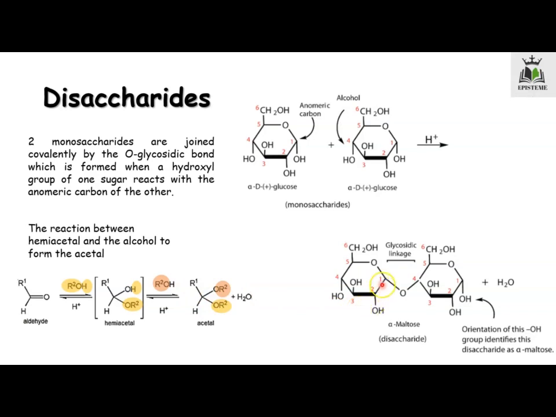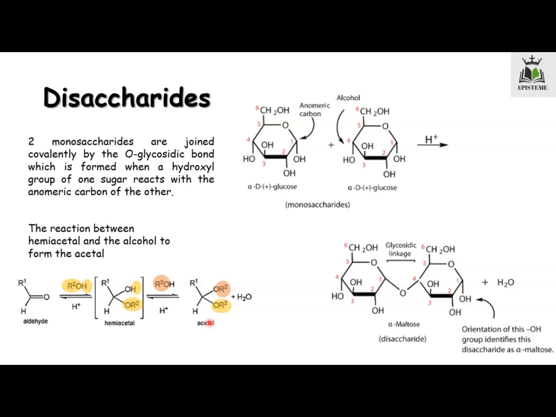R1 is this part from the bottom, and OR2, this yellow one, was already present. That means OR2 is this O and R2. This is the yellow one. So remember these color demarcations, because they will help you understand which one is contributing and which is part of the second sugar.